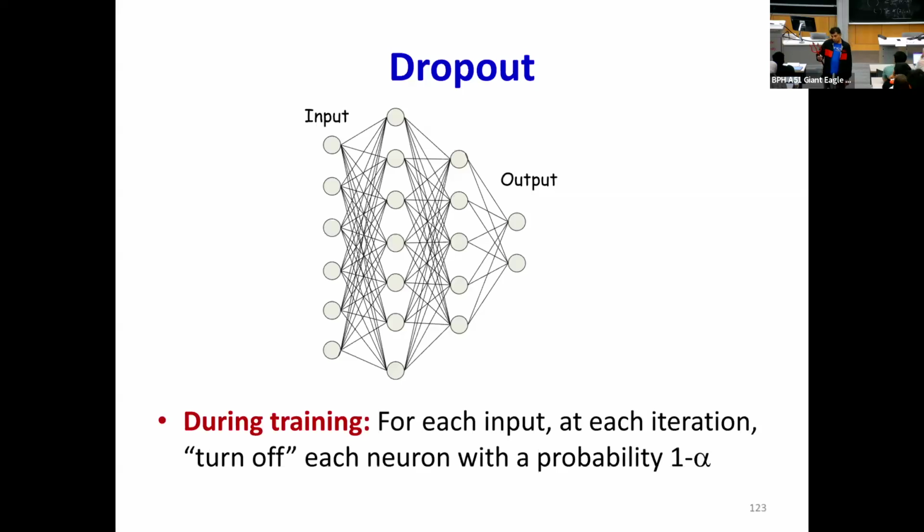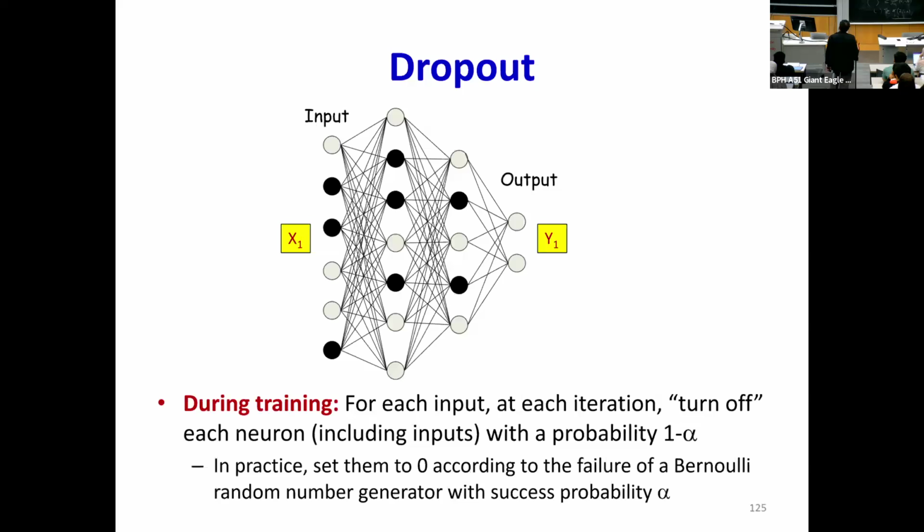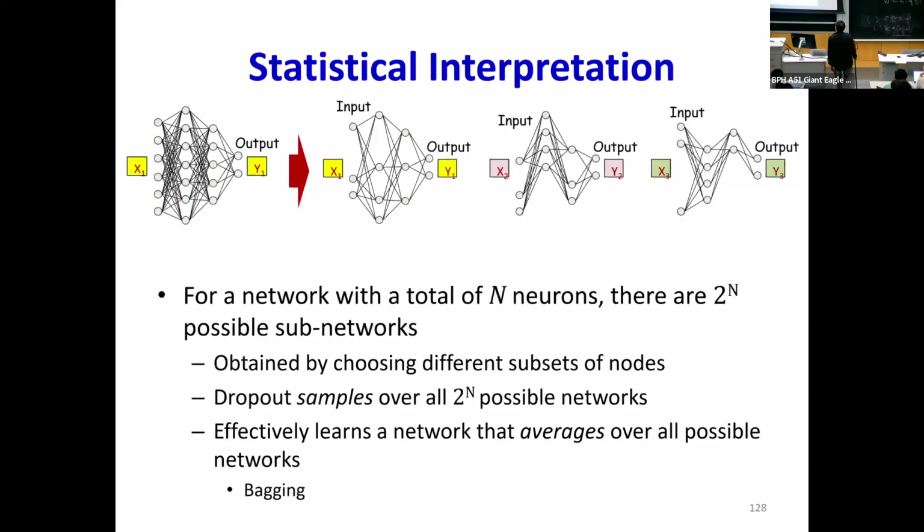Because each neuron could be switched on or off. And so effectively, what we are doing is treating our network with n neurons as a collection of 2 raised to n independent networks with shared parameters. For each input, you're randomly sampling one of these networks and passing the input through it.